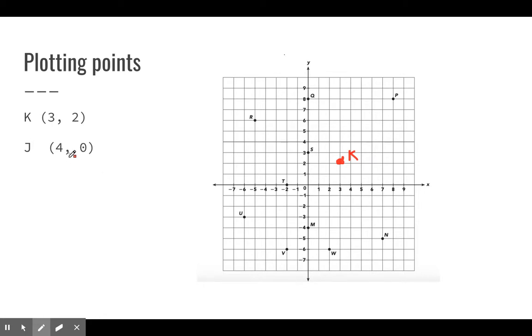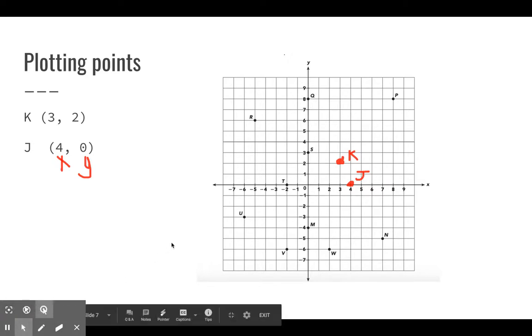Let's do J. J, my x-coordinate is 4, and my y-coordinate is 0. So I move along the x-axis to 4, but I don't go up or down at all. So J actually sits right on the x-axis.